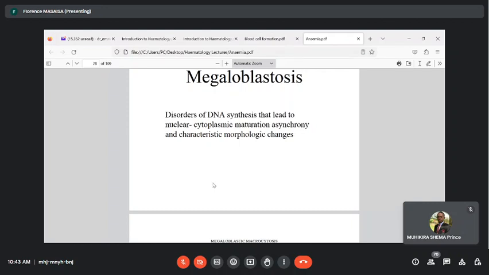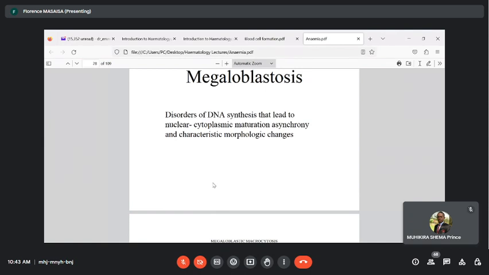So folic acid and vitamin B12 come in the synthesis of DNA by transforming homocysteine to methionine. Remember that DNA synthesis process. Those are the two playing that role.